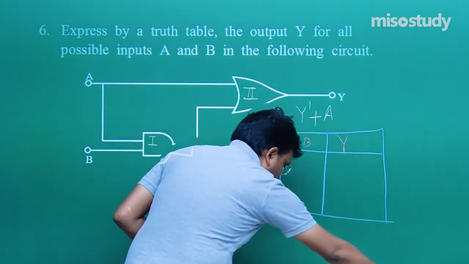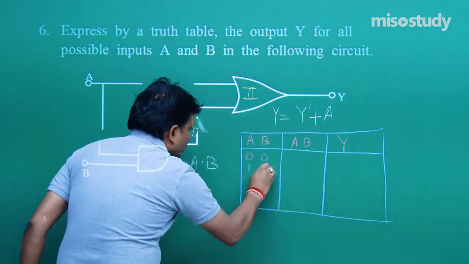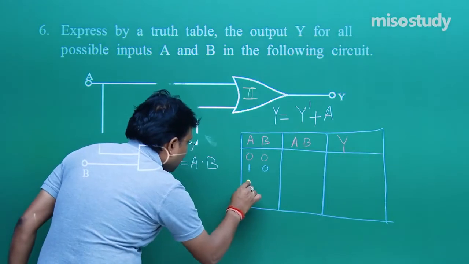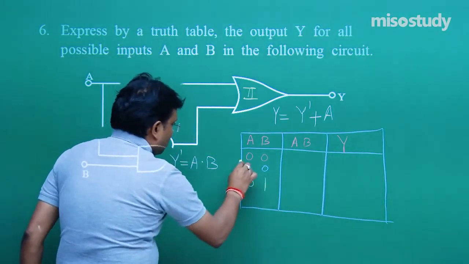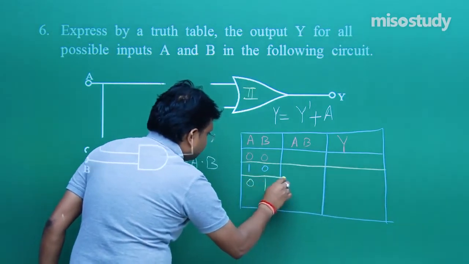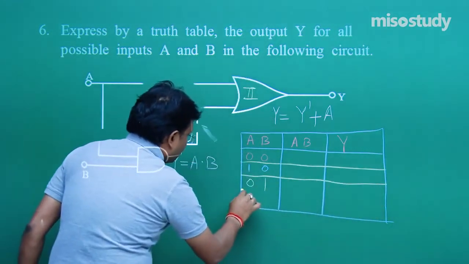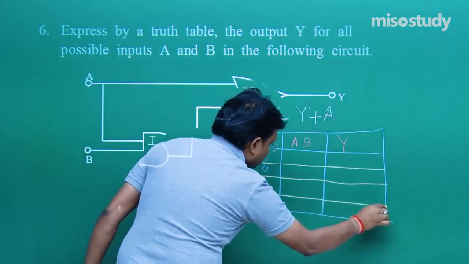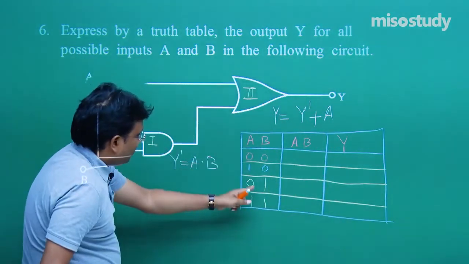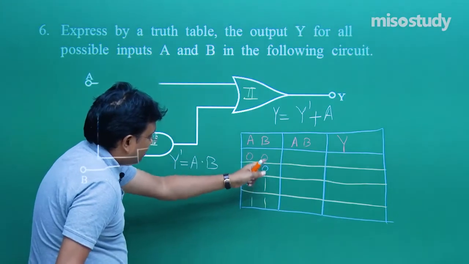I will use different color to show you. 1 0, then I will use again a different color, that is 0 1. Let us make it also separate like this, and then 1 1. These are the values mentioned for A and B.